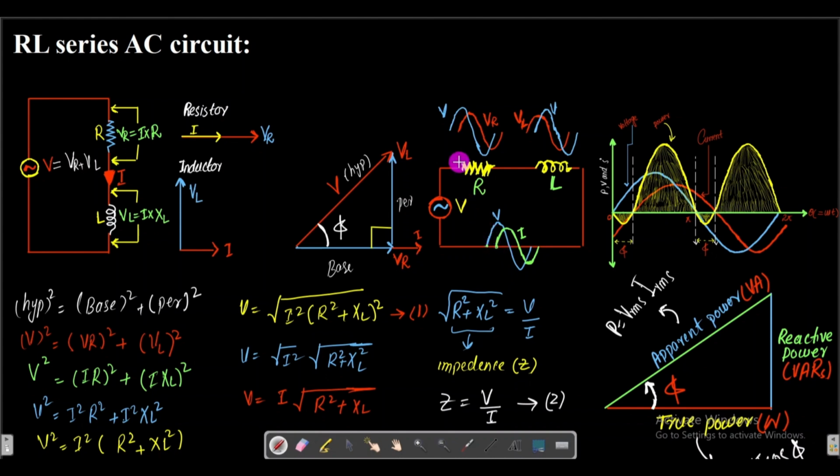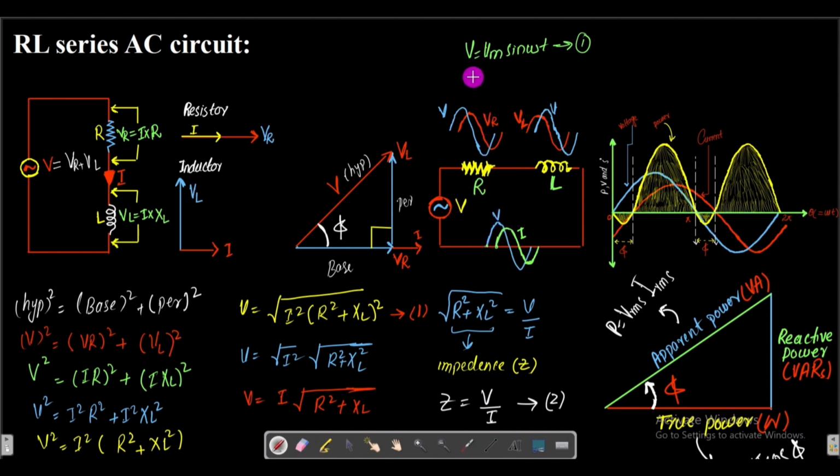From here we know that V is a sinusoidal function, and we can write V is equal to Vm sine omega t. Let's say this is equation 1. And here the current I is lagging behind the voltage, so the resultant current in this circuit will be lagging behind the provided voltage.